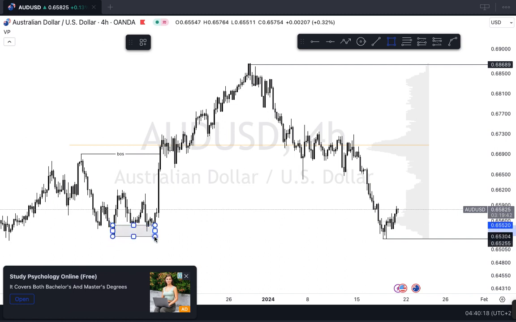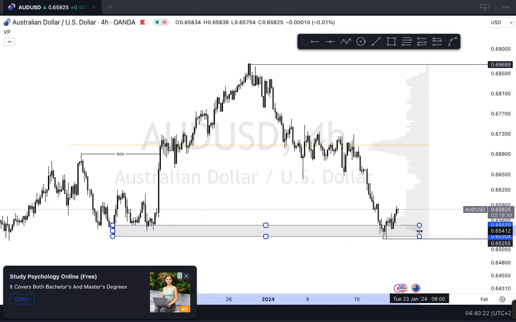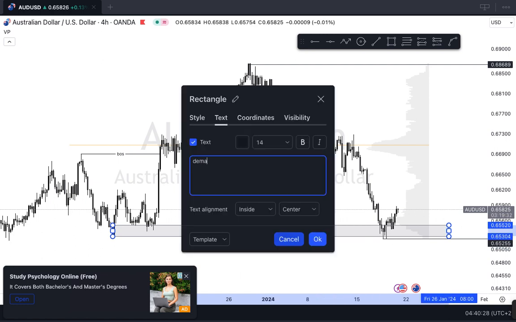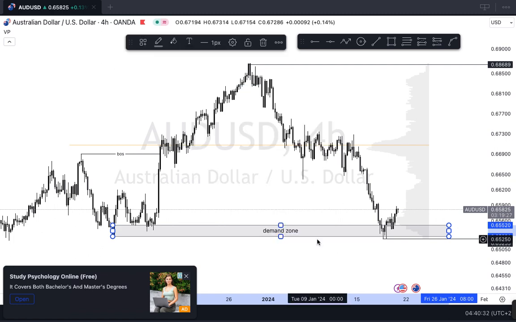Below we have our demand zone. Then let's mark it, demand zone, just like that.